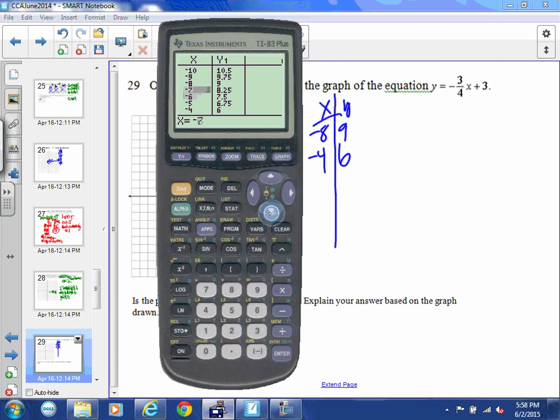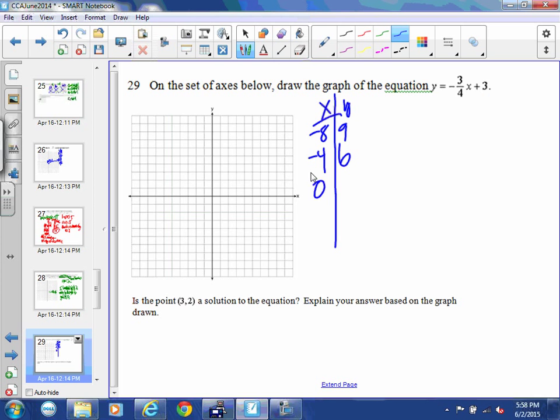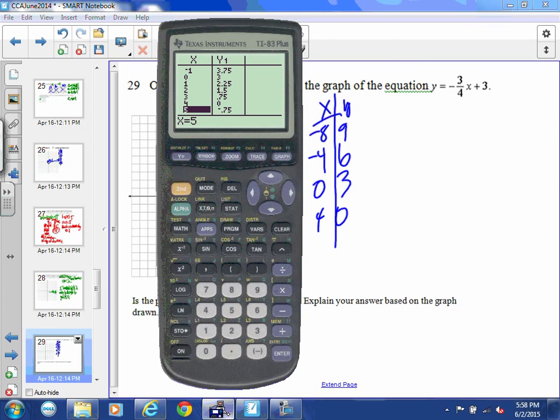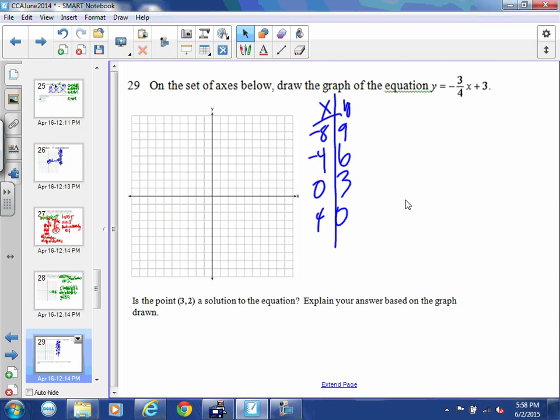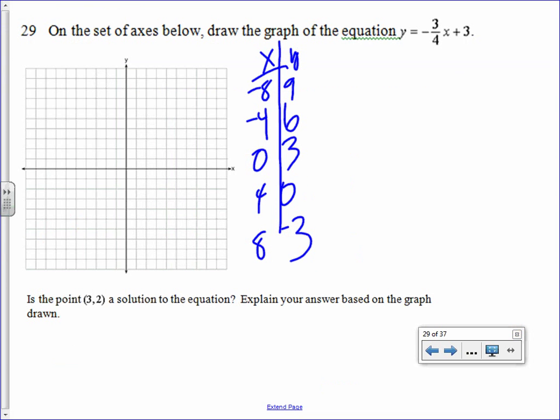I have (0, 3). I have (4, 0). I have (8, -3). (-8, 9). (-4, 6). (0, 3), (4, 0), (8, -3).